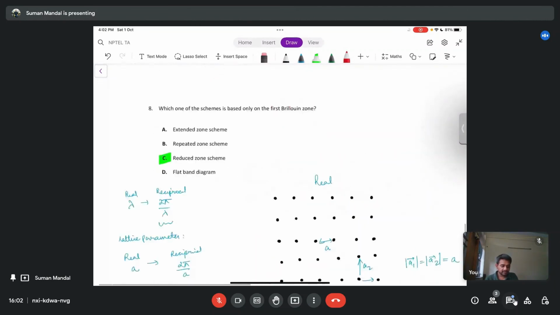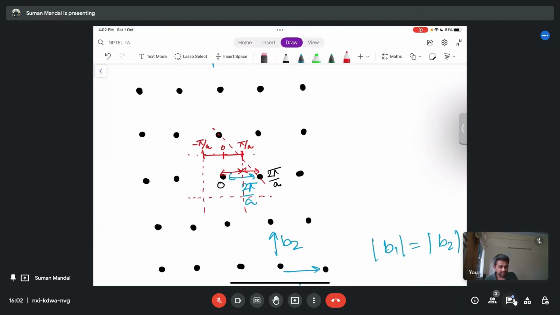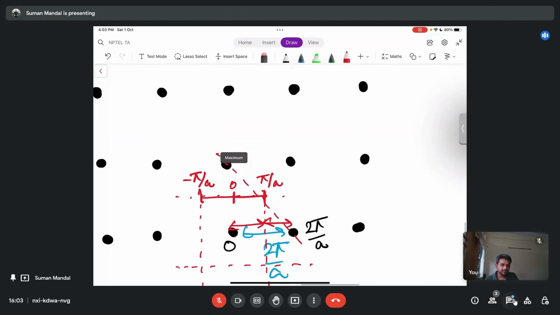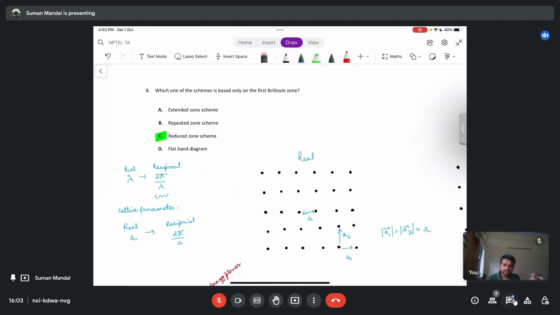The reduced zone scheme is based only on the first Brillouin zone. Minus pi by a to plus pi by a are the limits of the first Brillouin zone, and all the information is contained here. And we will use this diagram. We call it the reduced zone scheme.